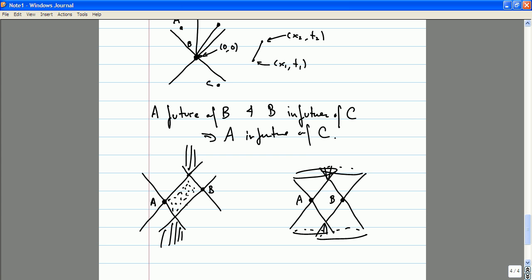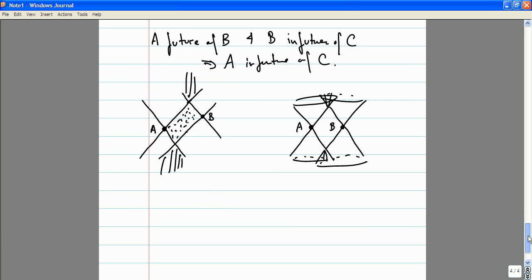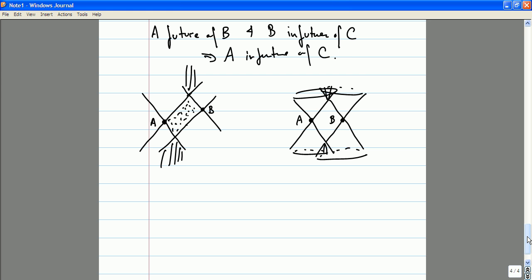Let me then continue. These space-time diagrams are very useful for a variety of purposes. One of the nice things about these diagrams is that Lorentz boosts and Lorentz transformations have a very simple interpretation in terms of this diagram.